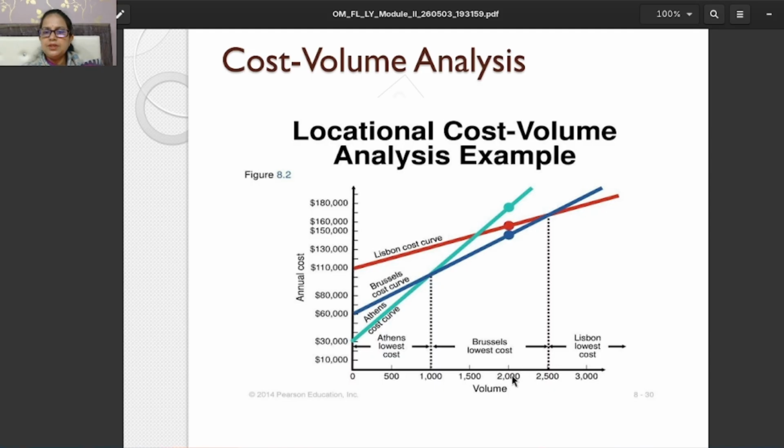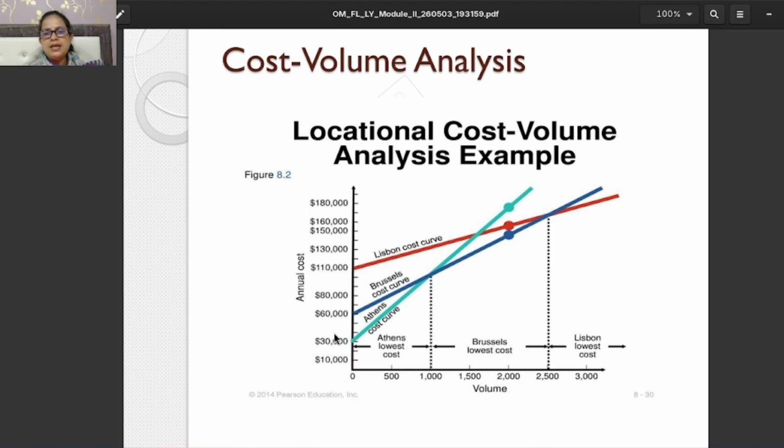If it is giving 2,000, take 3,000. If it is giving 3,000, take 4,000. Up to 4,000 you plot, so that the graph will look good and will also have our break-even points for analysis.